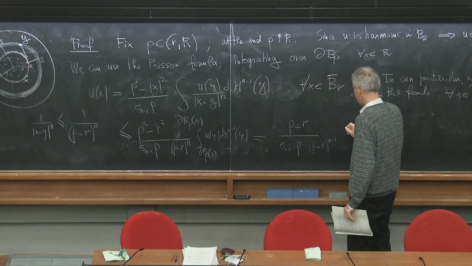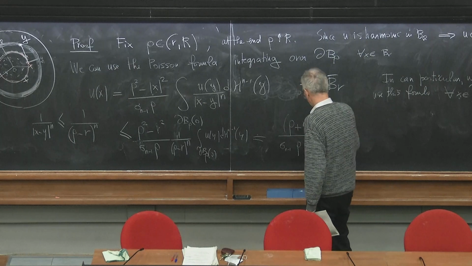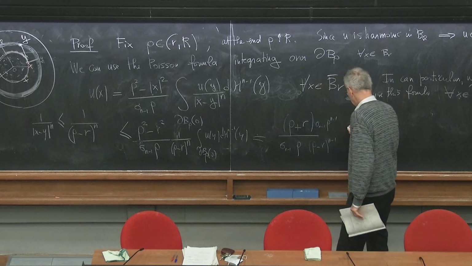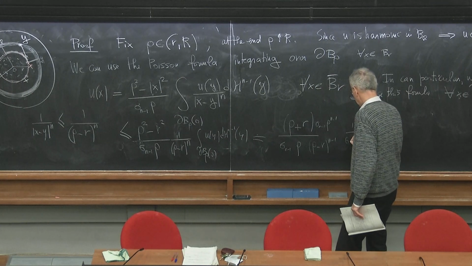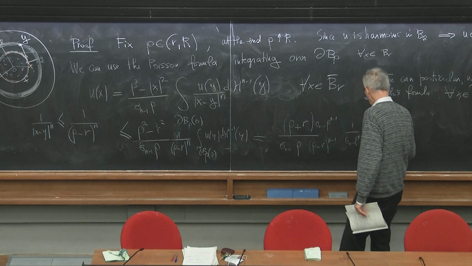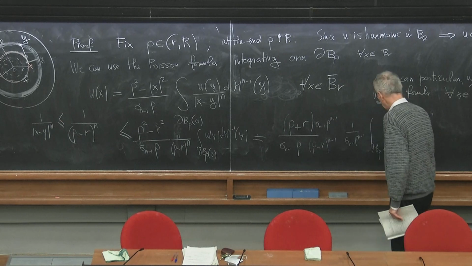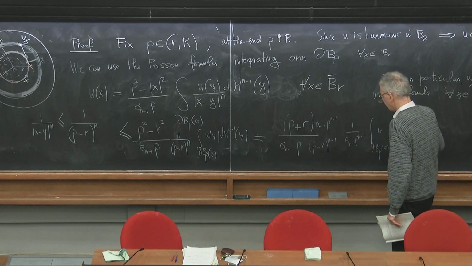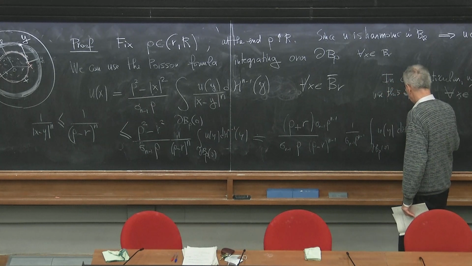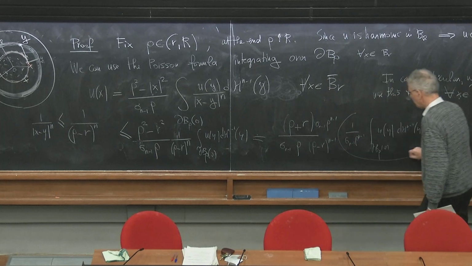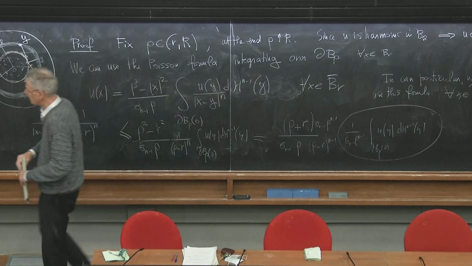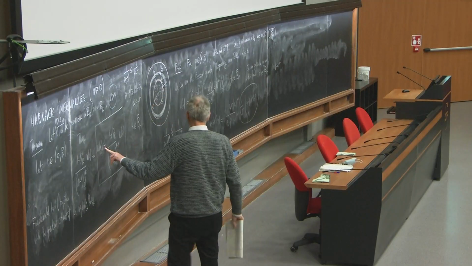And then maybe I can multiply and divide by sigma n minus 1 rho to the n minus 1, 1 over sigma n minus 1 rho to the n minus 1, the mean value. And we will see tomorrow, but this is just to have a surface mean of u. So this will be u of 0. And then we have to arrange these terms. We are not far from the end of the proof, at least of this part of the inequality.